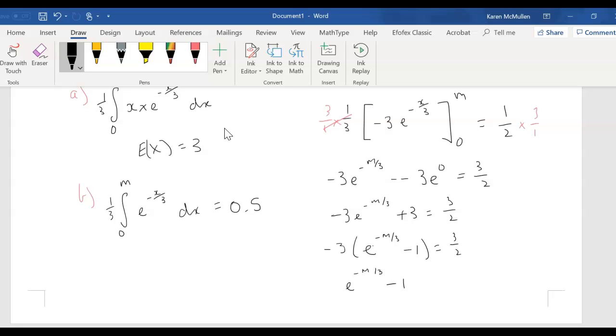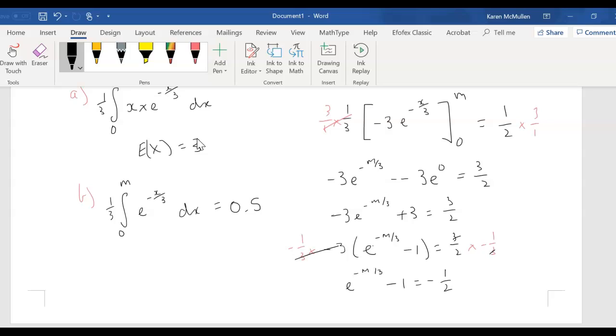And then get rid of that negative 3, so dividing both sides by negative 3, or multiplying by negative 1 on 3. All right, so that cancels out. And then on the right-hand side, those 3's cancel out. So we've got negative 1/2.